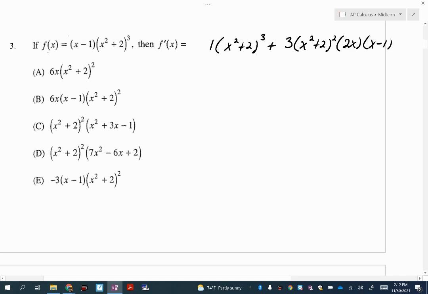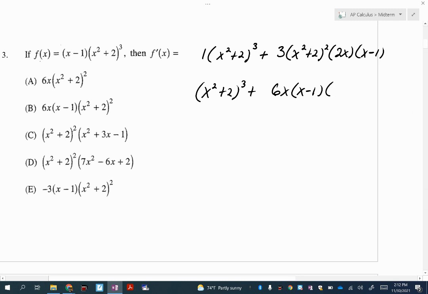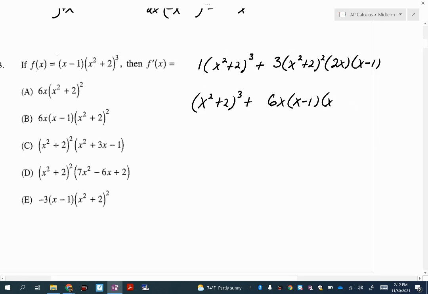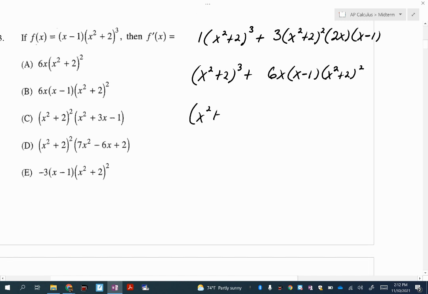All right, from here it just becomes algebra. So I wrote this as x squared plus 2 cubed plus 6x times x minus 1 times x squared plus 2 squared. Okay, and then I factored out x squared plus 2 squared, and that left me with x squared plus 2 plus 6x times x minus 1.